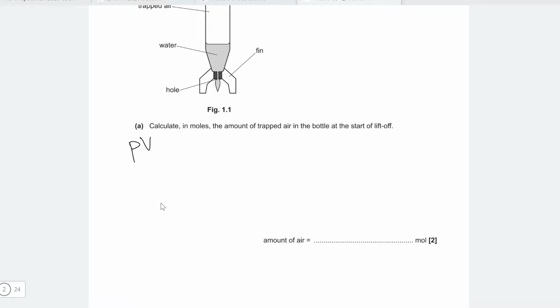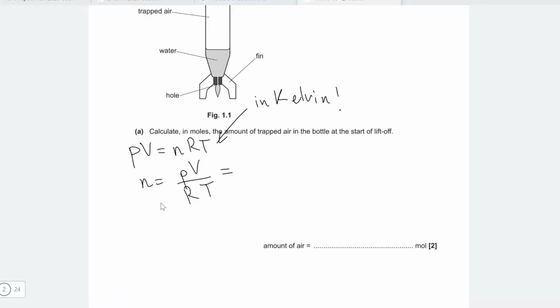Because we're looking for the amount of moles, I'm just going to rearrange this for n, and we can see that n is going to equal PV divided by the gas constant R times the temperature. Just a little note, very typical mistake: T here is in Kelvin. Really important to consider.